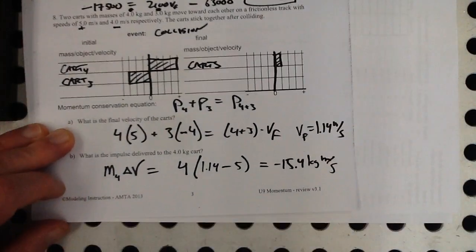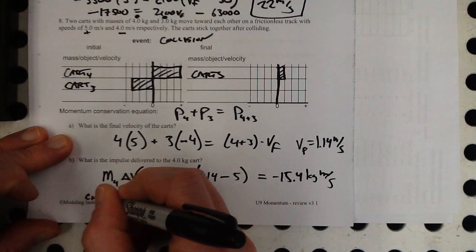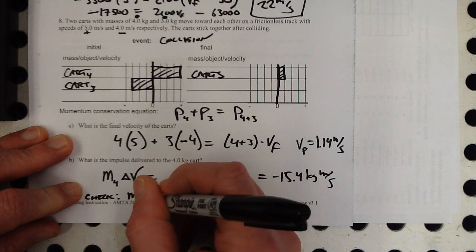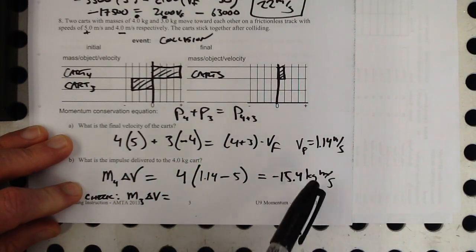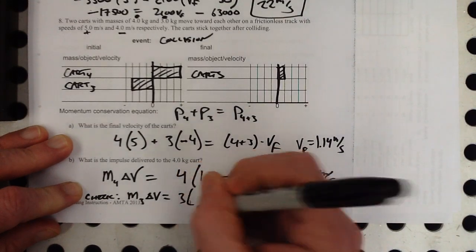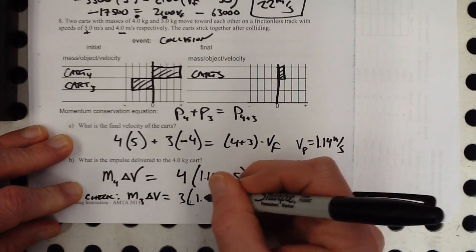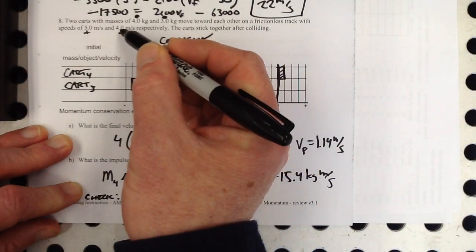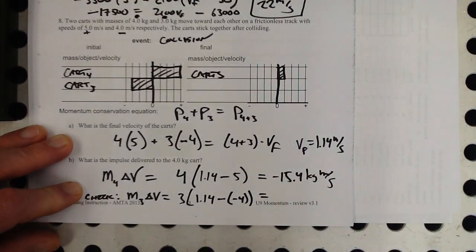Now the impulse on the other one has to be exactly the same. So just to check, this is not asked in the problem, but I'm going to do the mass of the 3 kilogram cart times its change in velocity, and I better get the same thing. That's 3 times its final velocity, 1.14, minus its initial velocity. It was going negative 4 to start.